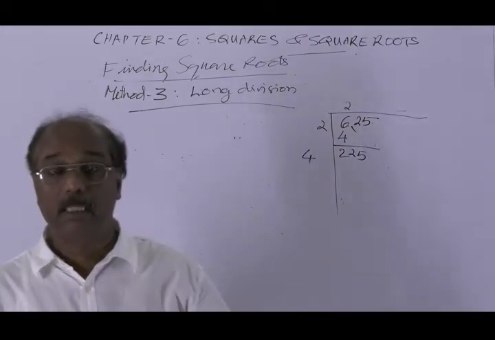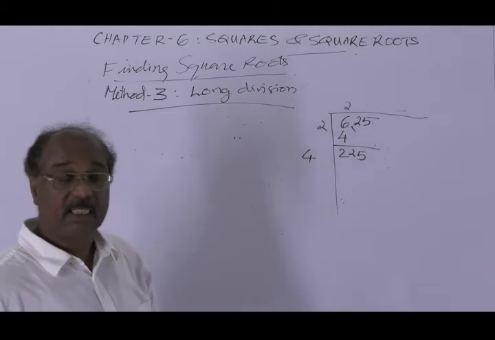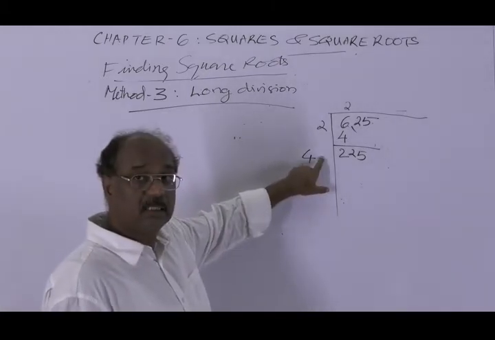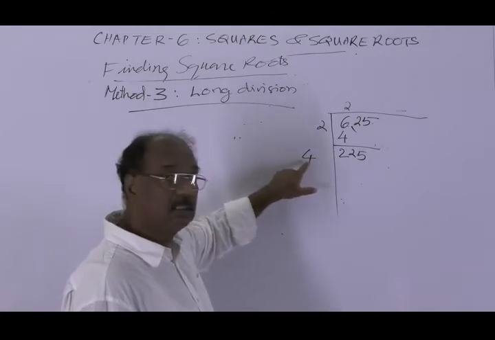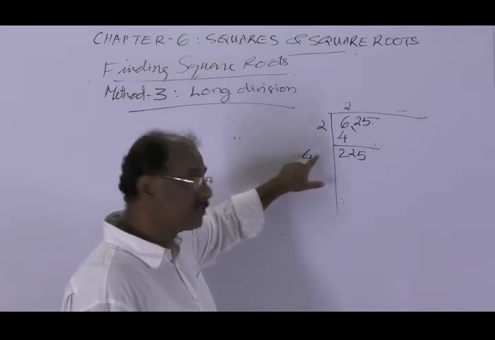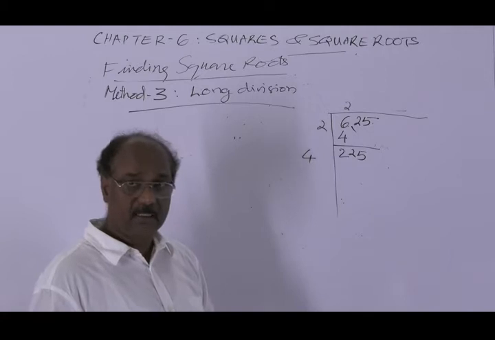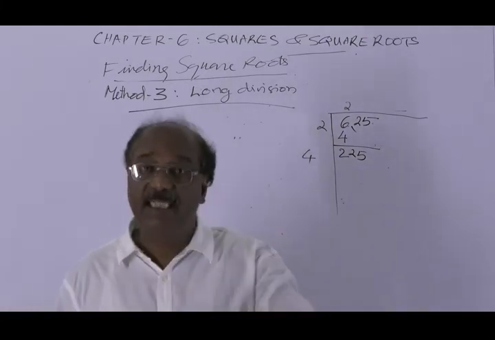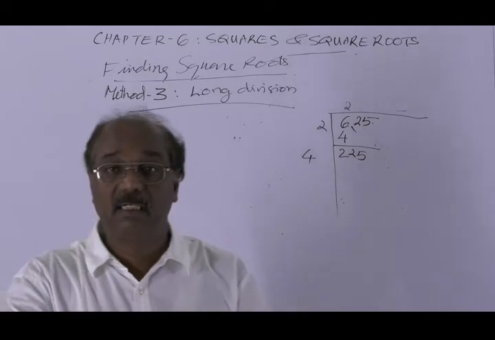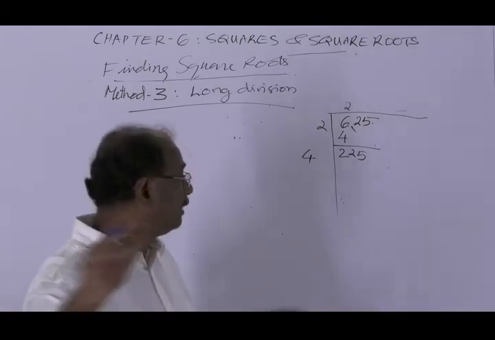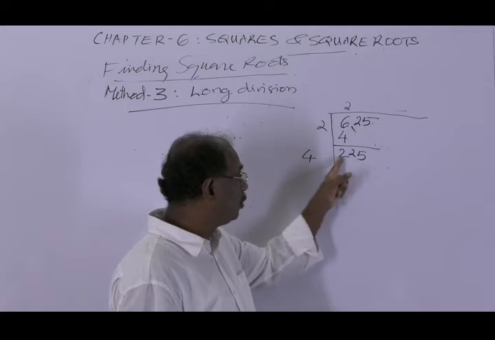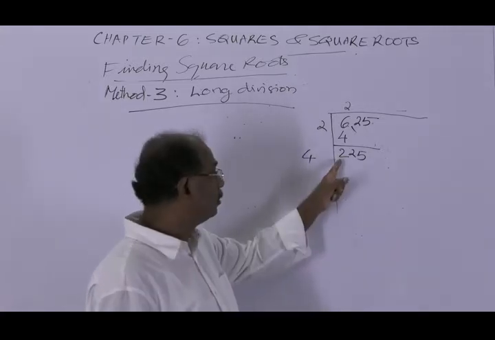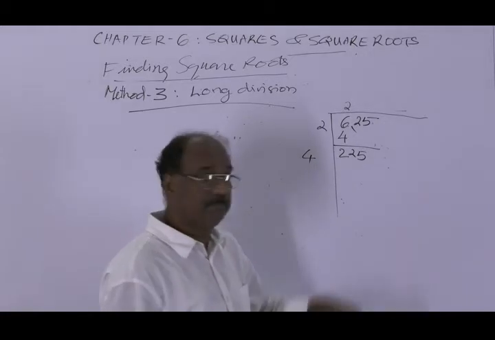Then write a digit in front of this 4, so that when the resultant number is multiplied with that digit, it gives us the maximum number less than or equal to this 225.